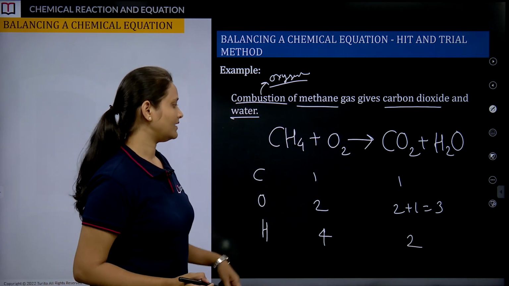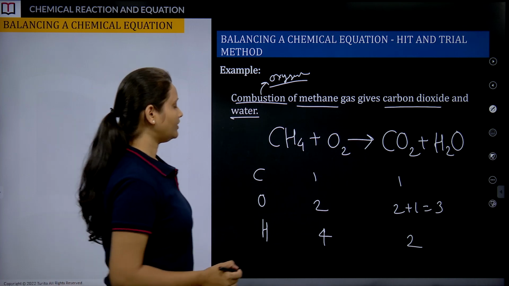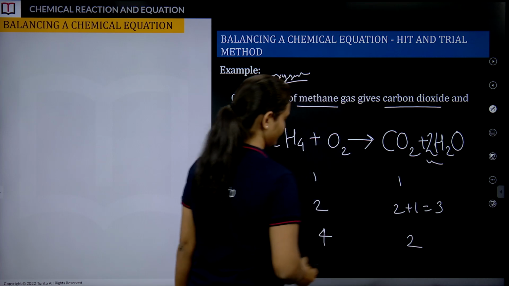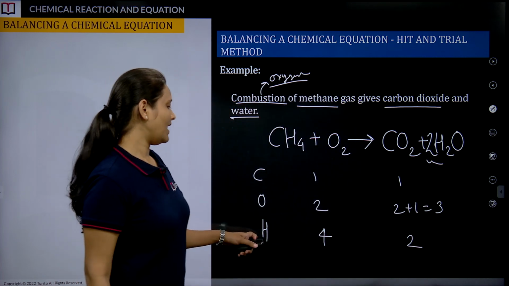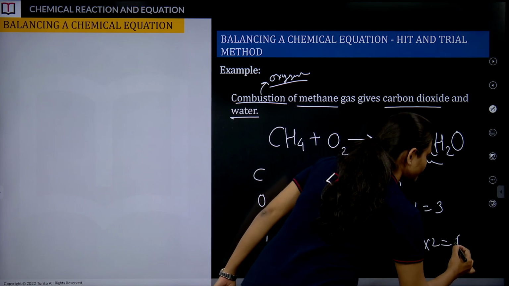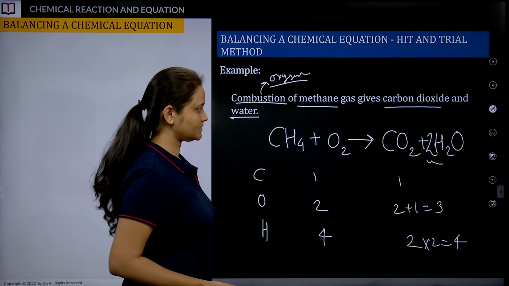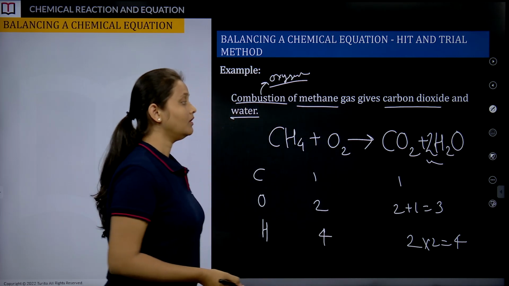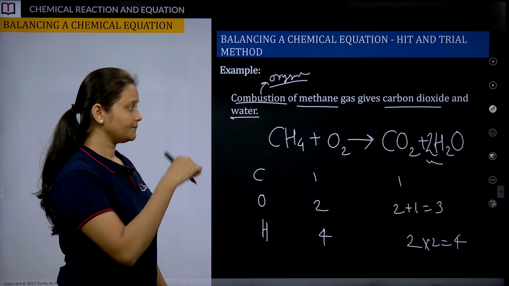So carbon is balanced. Now what we can do, what if I add here a 2 as a coefficient, if I want to balance hydrogen, so that is what I am getting, 2 into 2, 4 hydrogen atoms. But adding this coefficient is changing total number of oxygen which are there on the other side.